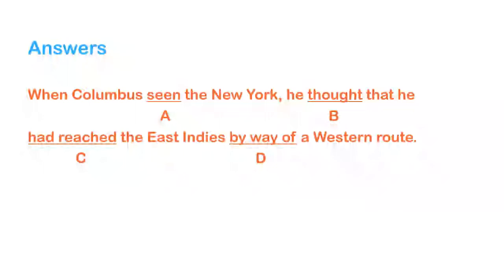And here we also can see that this sentence consists of two clauses connected by when as its adverb in the beginning of the sentence. When Columbus seen the New York. And from the overall sentence, we can see that this information is to tell an event that happened in the past. Therefore, seen is irrelevant here. It is supposed to be saw, which is the past form of the verb see.